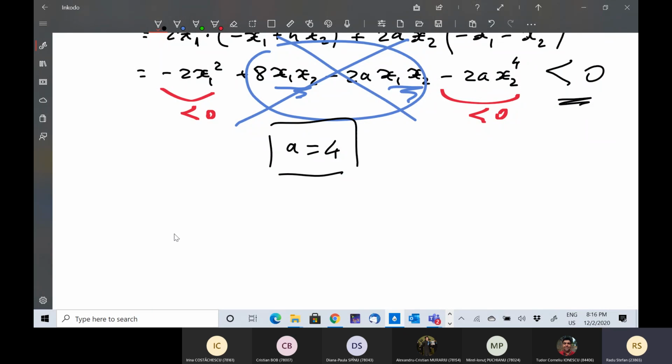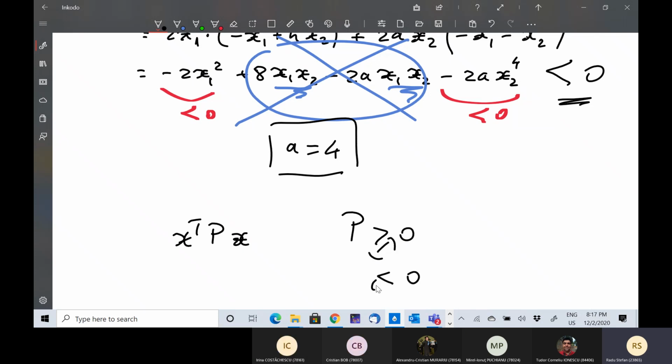If I have a quadratic form of the form x transpose Px, P is called positive definite, and all other definitions apply: non-negative definite, negative definite, non-positive definite, if and only if, this is the definition, x transpose Px is greater than 0 for every x different from 0.